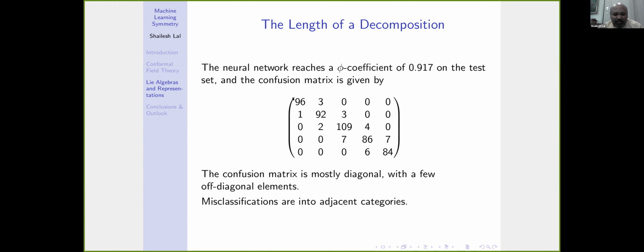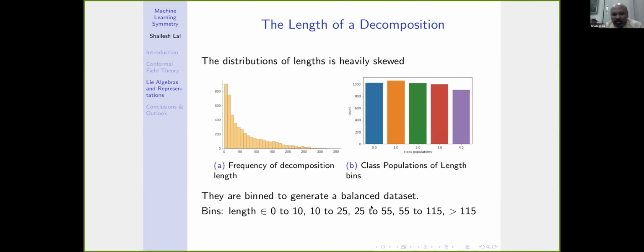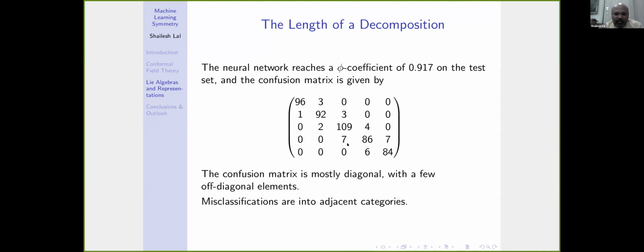First of all, it's mostly diagonal, which is good. There are some off-diagonal elements, but the misclassifications are into adjacent categories, which is also not too bad. There could be something of length 8 which is binned into a neighboring class. So it's not too bad to have misclassification into adjacent classes.